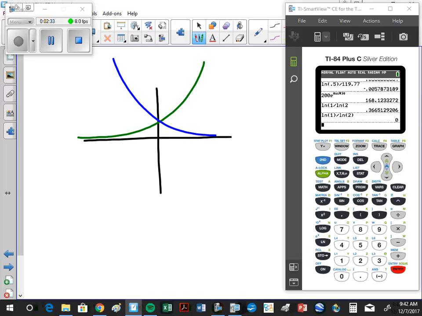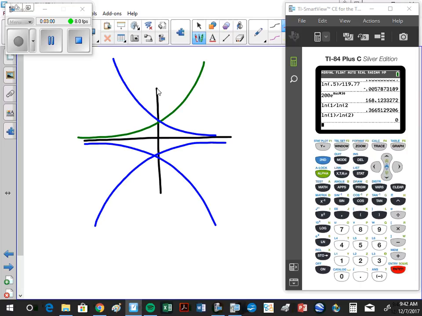If we start using negatives, like e to the negative x or negative e to the x, we start to get graphs that either look like this or like this. So all exponential equations have the x-axis as a horizontal asymptote. All logarithm equations have the y-axis as a vertical asymptote.